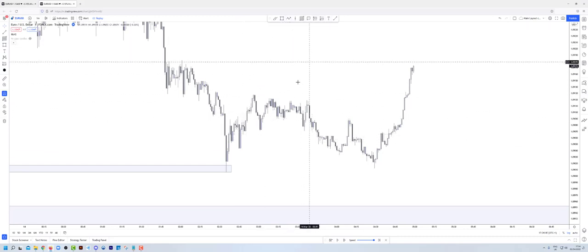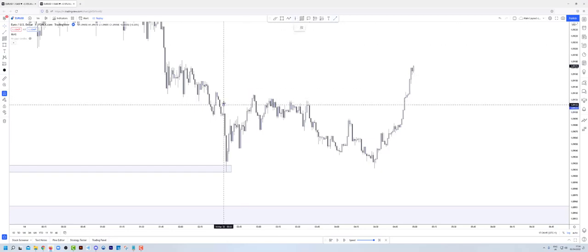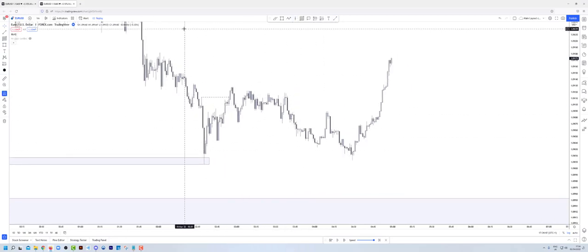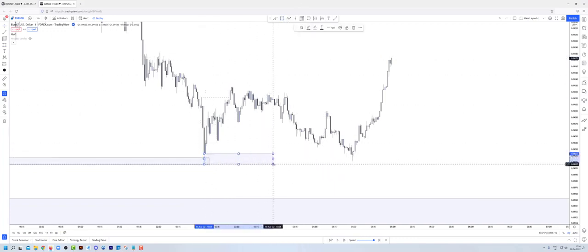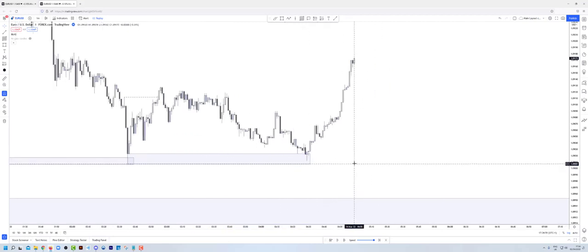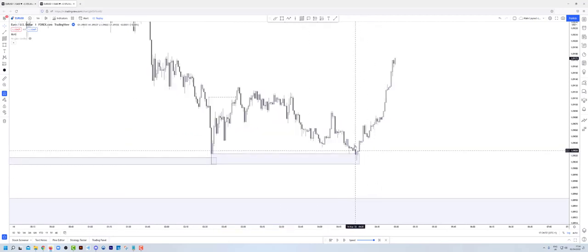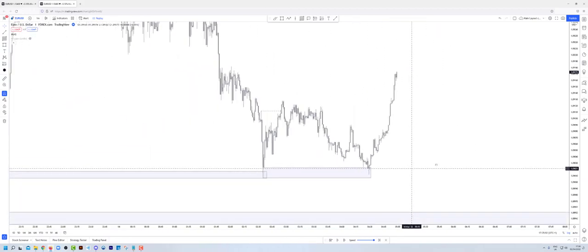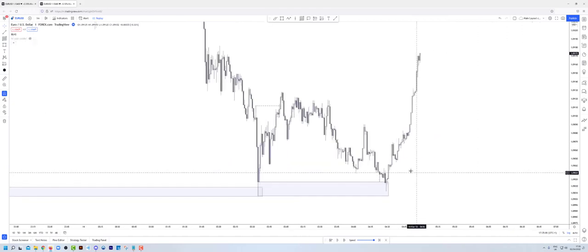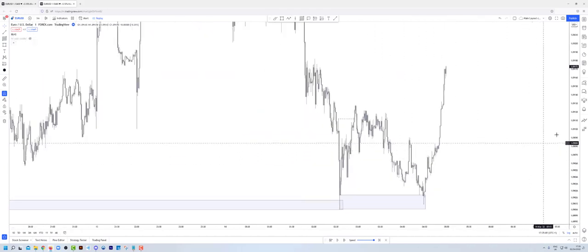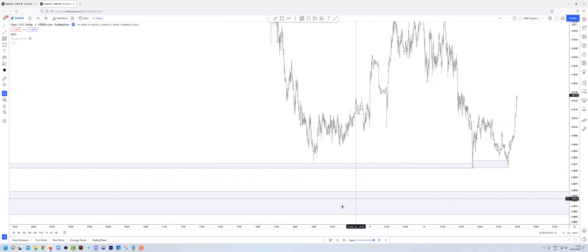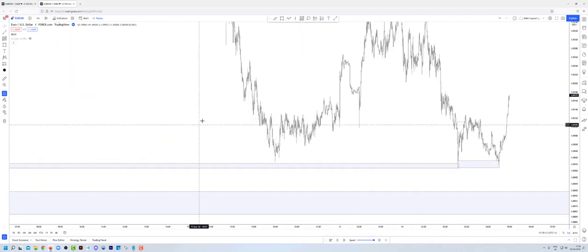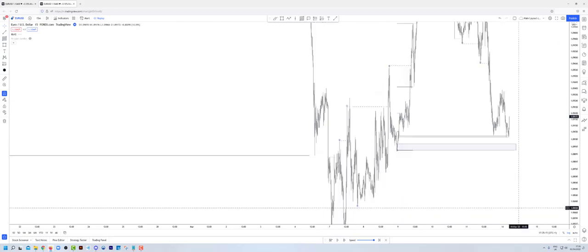We got our change of character here, and price came all the way back to this extreme, and then at this point all you'd wait for would be a 5-second entry based off of that, or potentially a 1-minute CHoCH to be safe. But yeah, that's essentially what we would be looking for, and that is how we refine down zones.